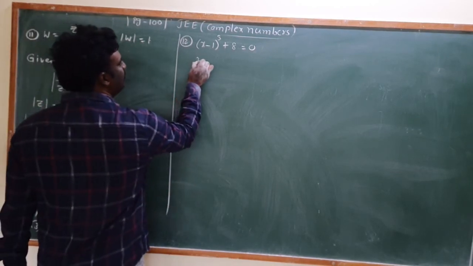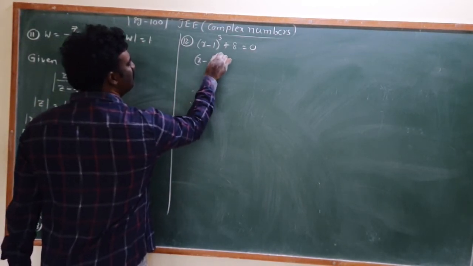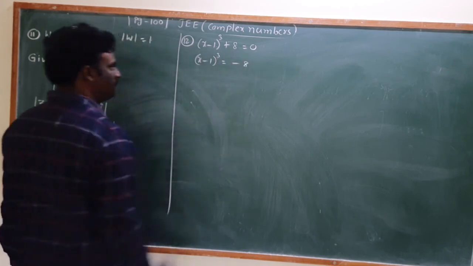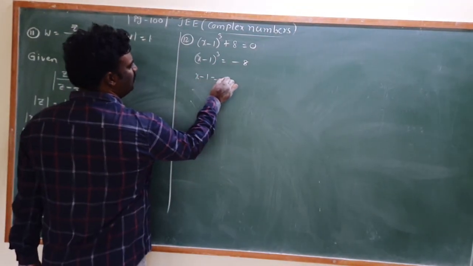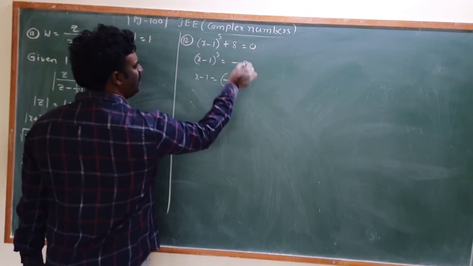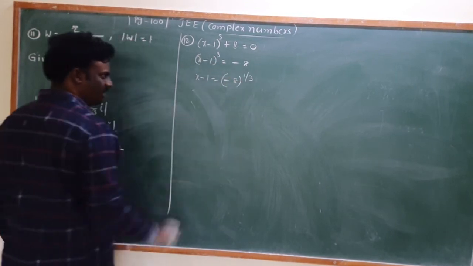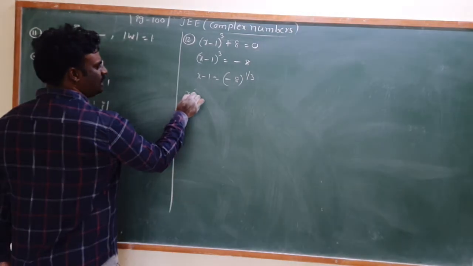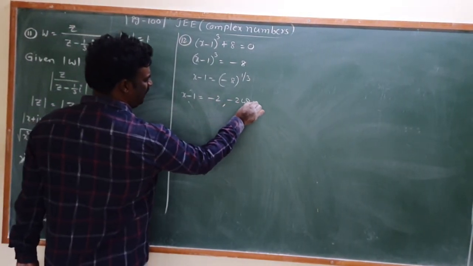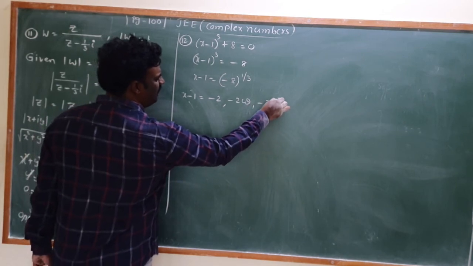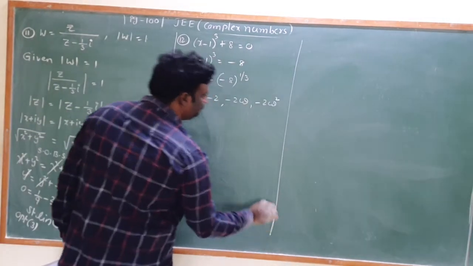Then I can write x minus 1 whole cube is equal to, the plus 8 goes to that side, minus 8. Then x minus 1 is equal to minus 8 whole power 1 by 3. Then x minus 1 I can write as minus 2, minus 2 omega, minus 2 omega square, all are correct for this question.